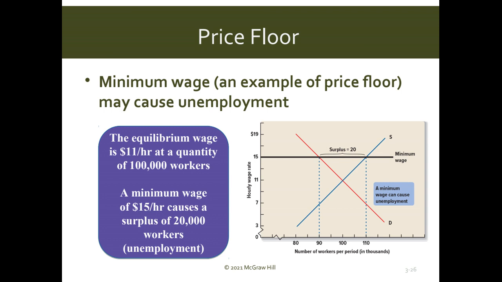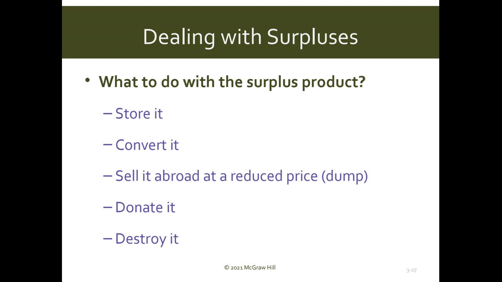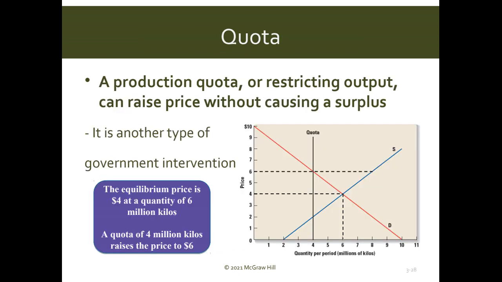So 20,000 workers will be unemployed because of this minimum wage. In quota, there is no such surplus. And we can explain this in this diagram. So quota is the restriction on the level of production, not on the price level.